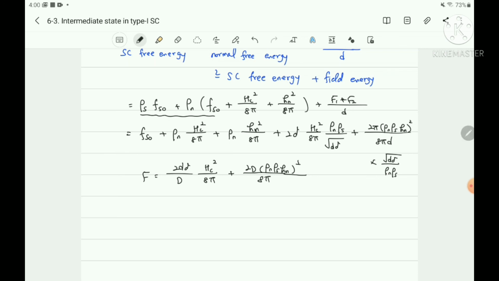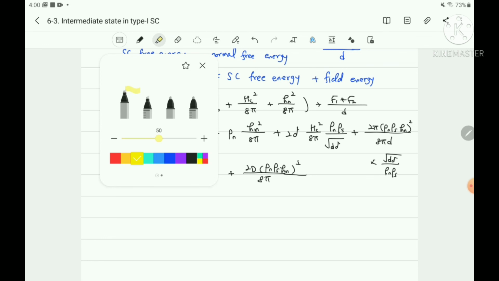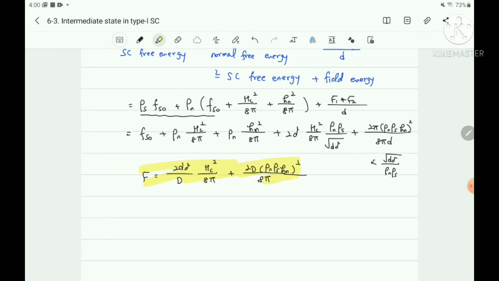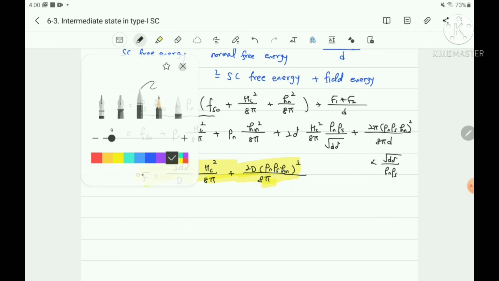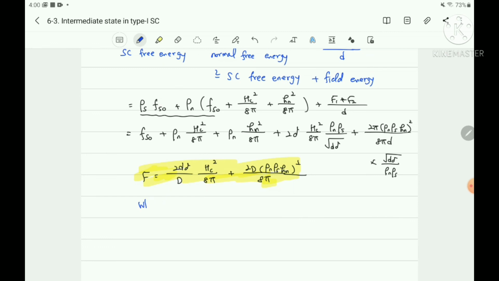In the case when Fi is minimum and Hn equal to Hc, the applied field at the critical field, rho n is Ba over Hc, because Hn is Hc.